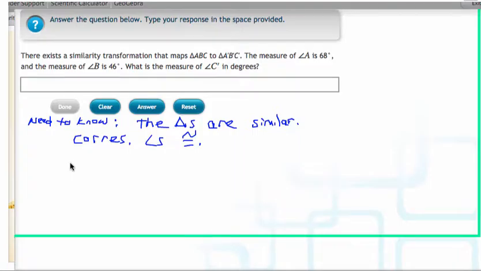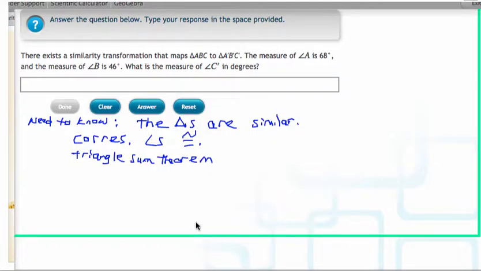And you also need to know the triangle sum theorem, which states the three angles of a triangle sum to 180 degrees. So that tells you angle A plus angle B plus angle C equals 180 degrees. We know angle B and we know angle A. So if we find angle C by solving this equation, we will also have the measure of angle C', because corresponding angles are congruent.